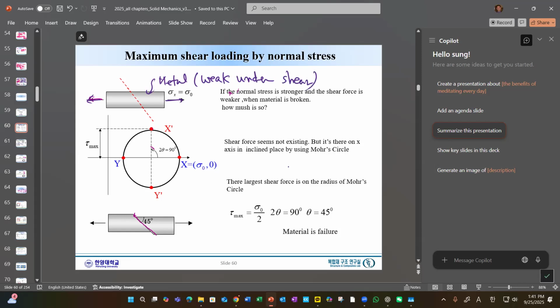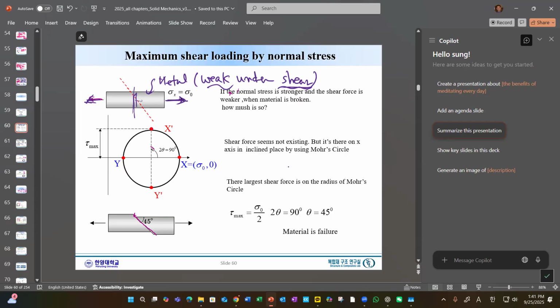This is a well-known behavior. Metal is very weak under shear stress. Now here, this is a tension. So this guy is only tension. There is no shear. What does it mean?